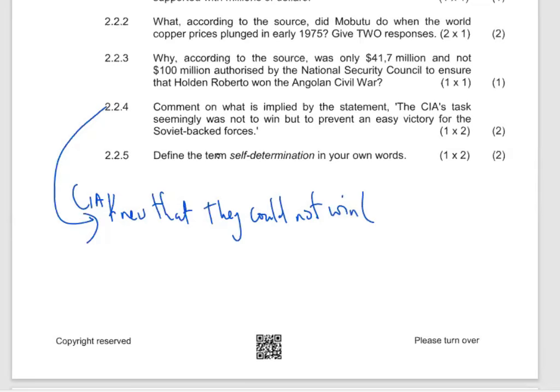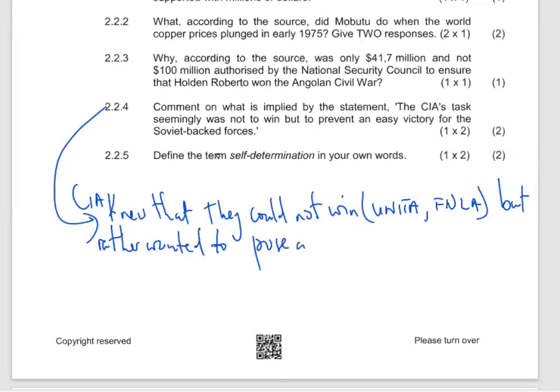In this instance, we are saying UNITA and FNLA, which they supported. They knew that they would not win in that war, but rather wanted to pose a challenge to MPLA.